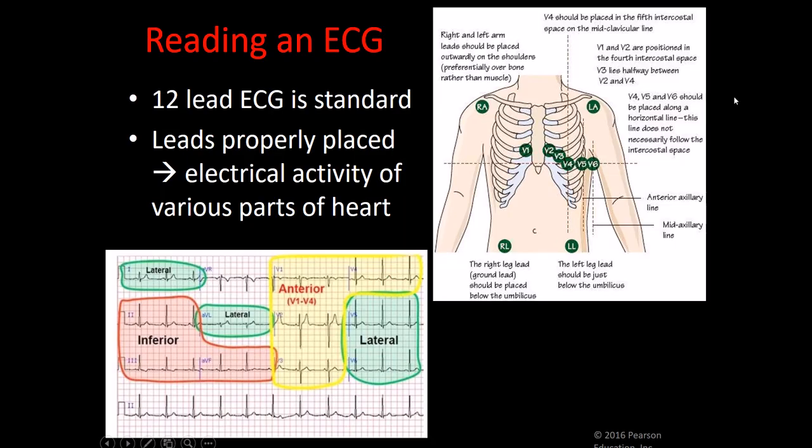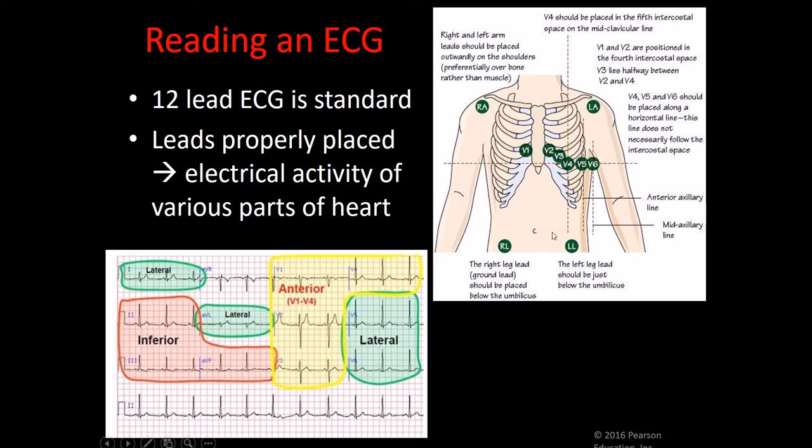When you look at and read an ECG, it initially looks really complicated. There are all these different segments along the ECG, and it can get really confusing. But what you have to realize is that typically when you do an EKG or an ECG, the standard number of leads, the little nodes that you actually place on the body, get placed on different parts of the body.